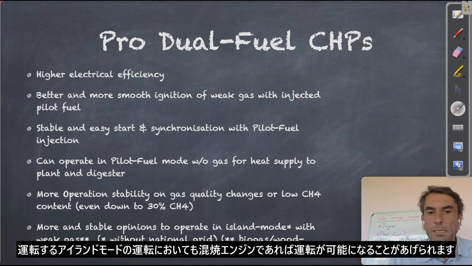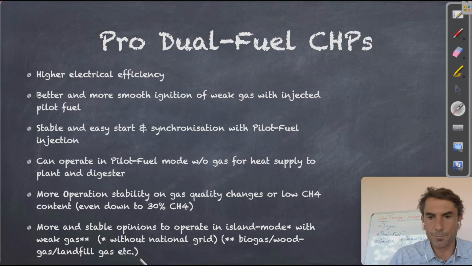Island mode means without the natural grid, like a microgrid or island grid, where the CHP supplies electricity to the existing small grid. And if we're talking about weak gas, we're talking about biogas, wood gas, landfill gas, etc.